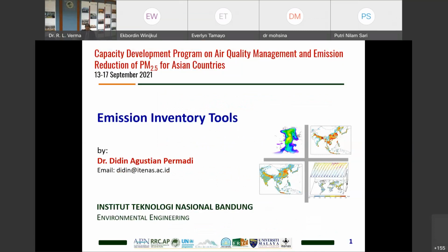He has served as a trainer in many international trainings in the fields of emission inventory and air quality monitoring and modeling. Professionally, he is engaged with international scientific communities as a reputed scientist and a member of the International Global Atmospheric Chemistry, that is IGAC, and the Asian Network on Climate Science and Technology.